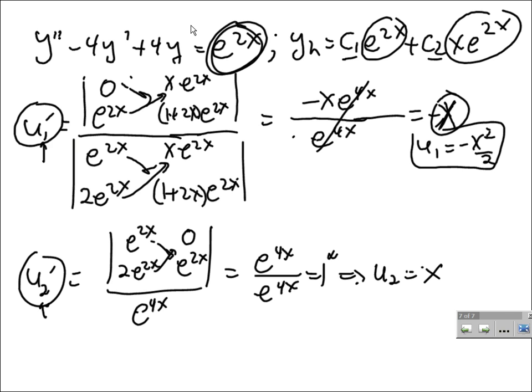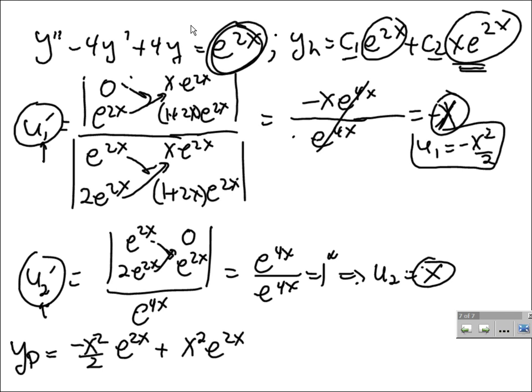Okay. So now I know that y particular is u sub 1 times y sub 1 plus u sub 2 times y sub 2. And that becomes x squared e to the 2x.